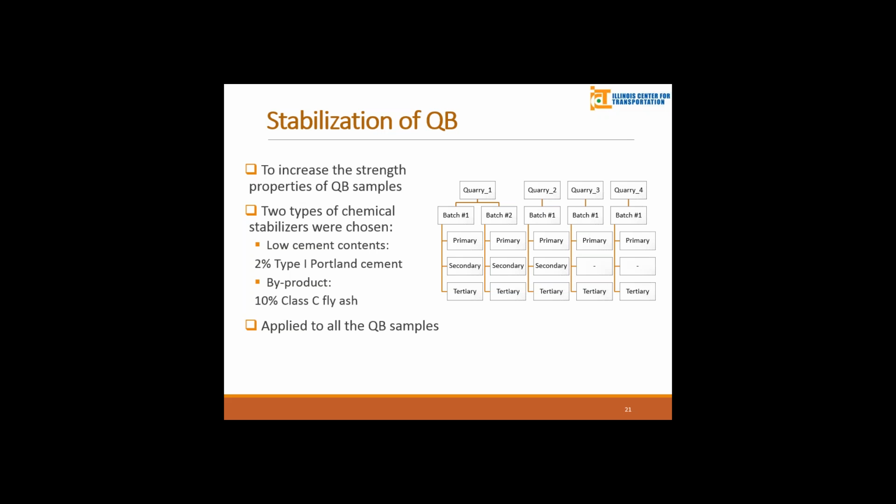The other stabilizer we chose is Class C fly ash, which can have a self-pozzolanic reaction similar to the cement. The amount we chose is 10%. So we applied these 2 types of stabilizers to all the QB samples as listed on the right.